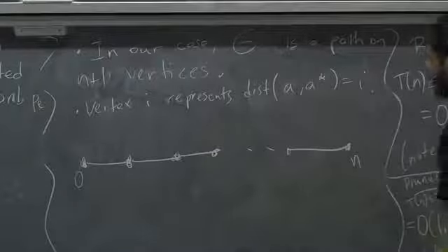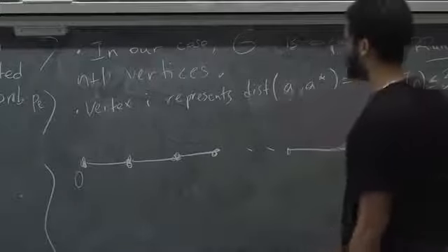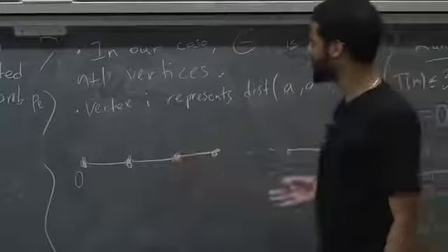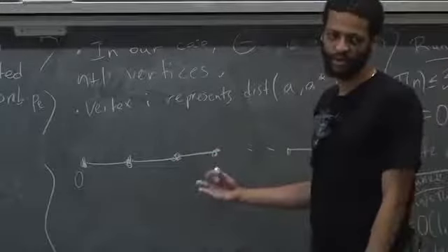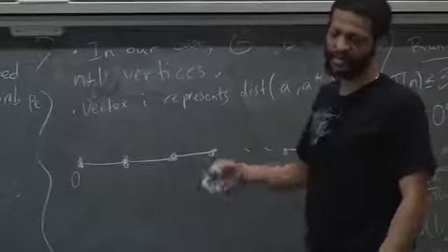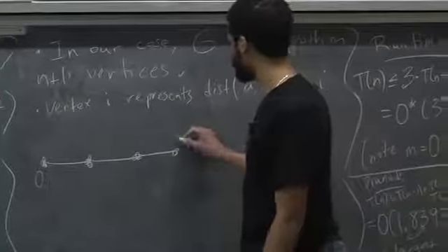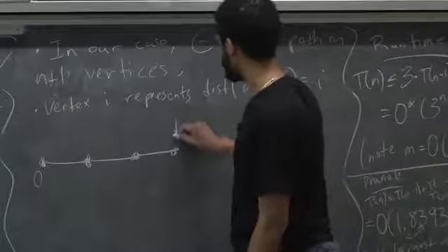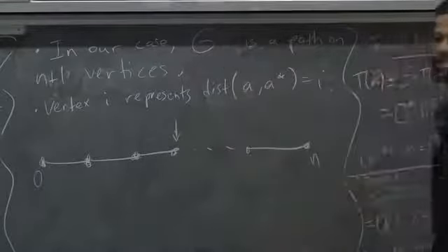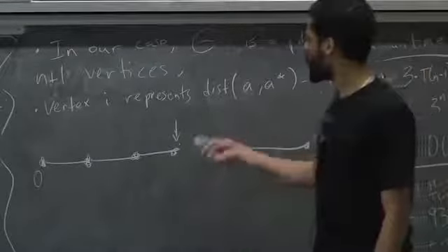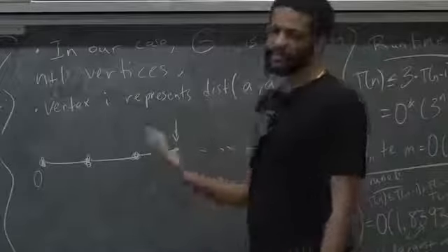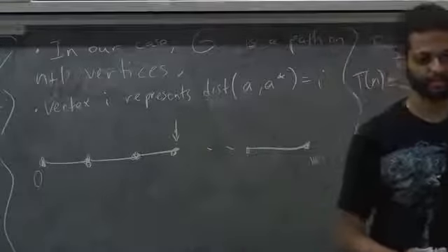So initially, we picked A at random. So initially, the distance is some random number between 0 and n, and it'll most likely be somewhere around n over 2. So initially, we're here. And then at every step, we pick a clause that's unsatisfied, and we flip one of the variables in it at random.